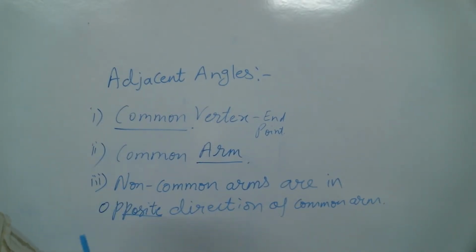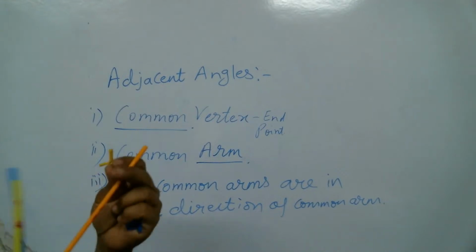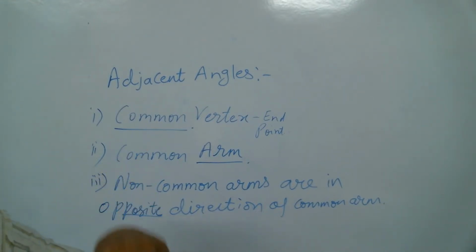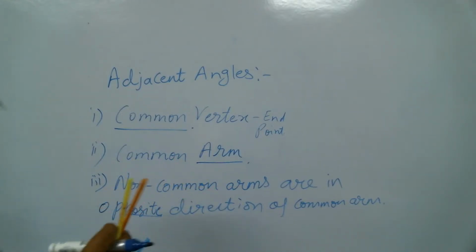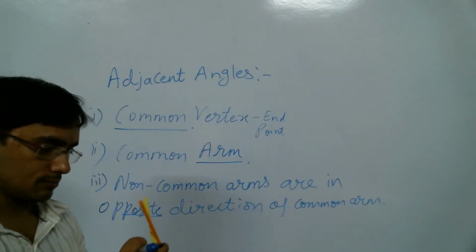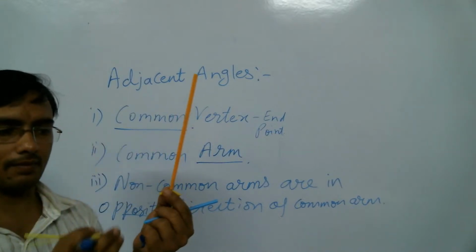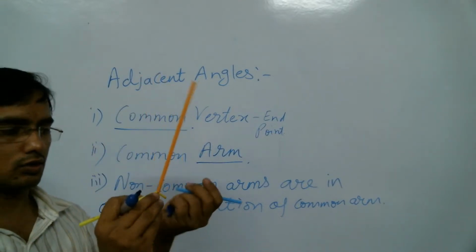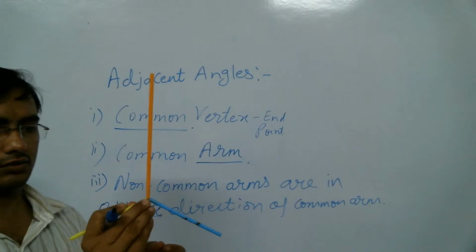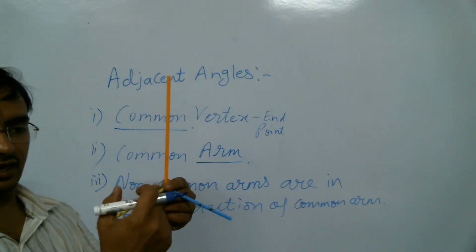So this thing we have to understand, and we have seen it through these tricks also. Suppose the common arm, I will indicate with a particular color. Suppose the pink one. So here is the common arm for these two angles, first angle and second angle.